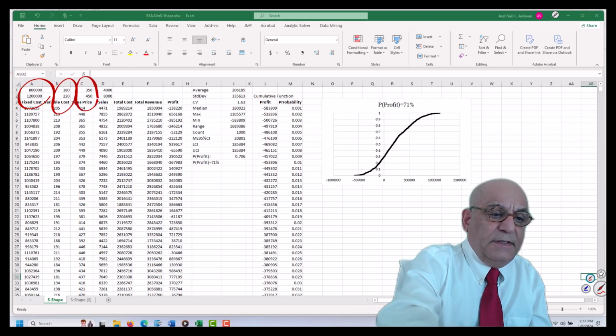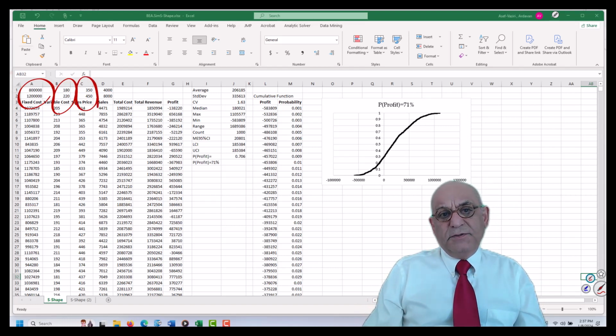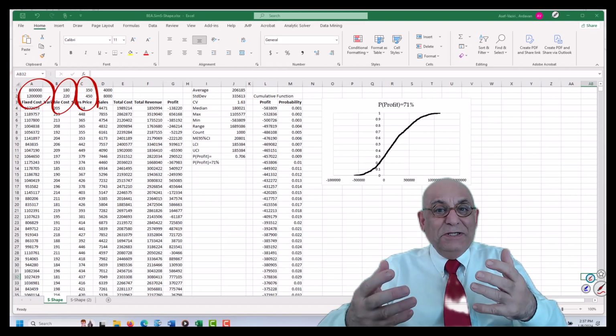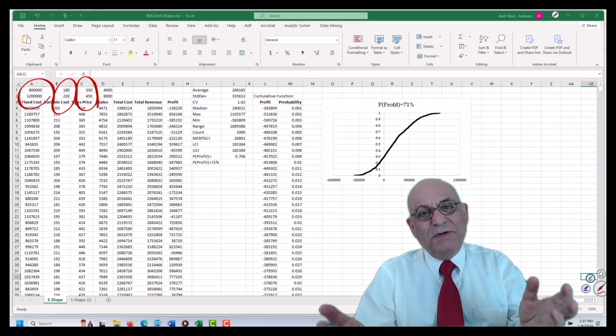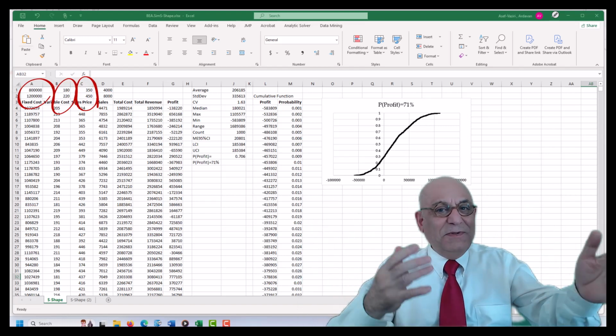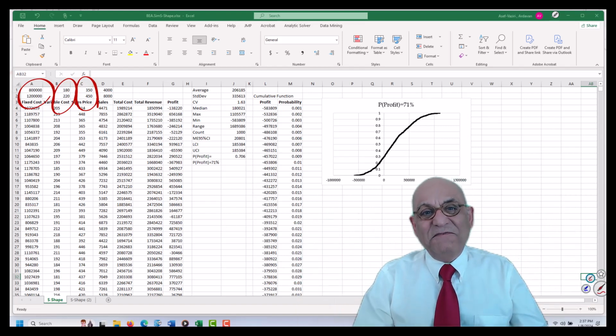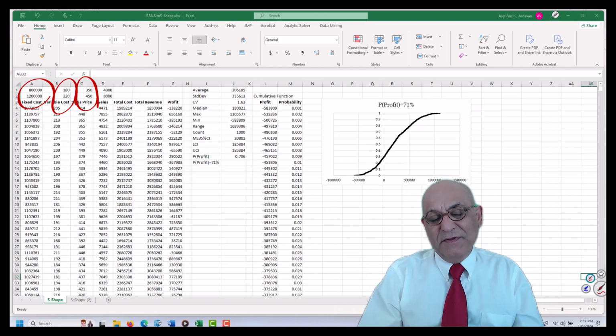And product price can range from 350 to 450. Now we want to see what will happen to our profit, to our loss, when do we break even, what is the probability of break even, and so on and so on.